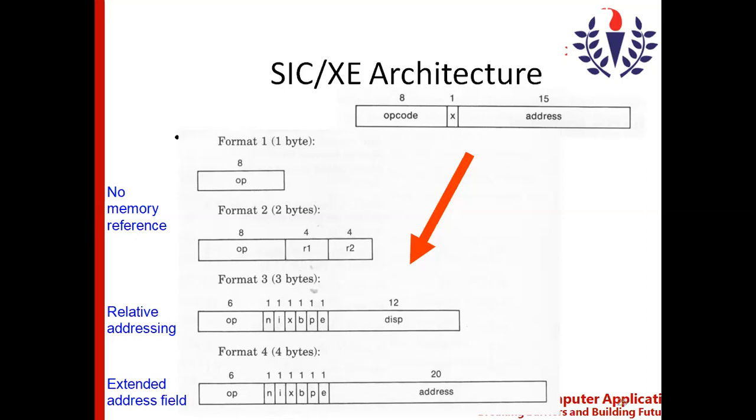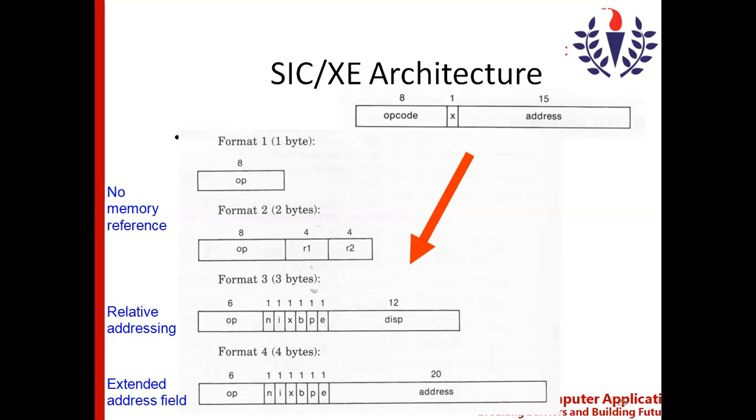It is from 2 power 15 bytes to 2 power 20 bytes. That's the reason the 15-bit address field will not be enough to hold the 20-bit address. That is why we need to make some changes in SIC/XE, especially in the instruction format.